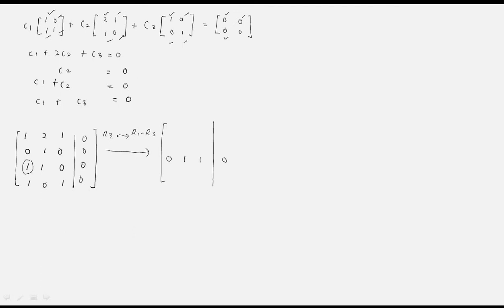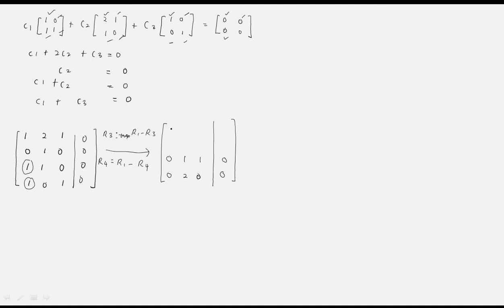Next I want to change this entry, so we want to change row 4. Again I use row 1, R1 minus R4. 1 minus 1, 0. 2 minus 0 is 2. 1 minus 1, 0. And again 0 minus 0 is 0.